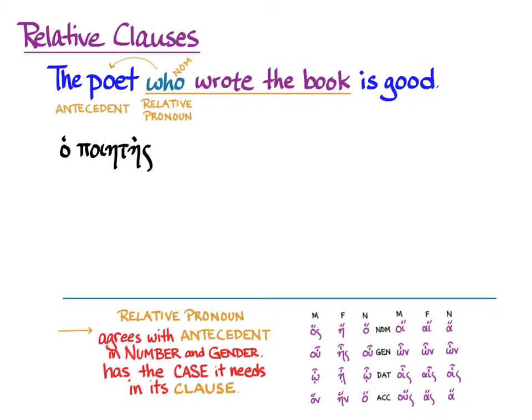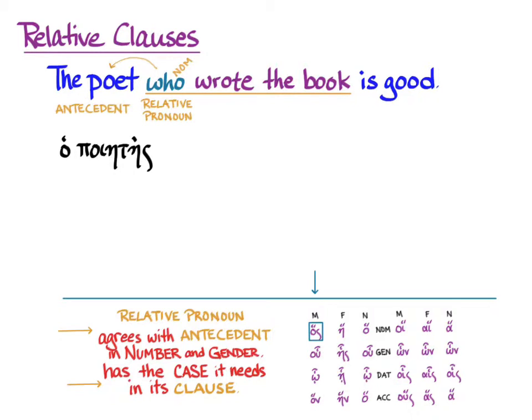So the antecedent is poet, and that is masculine and singular, so we're going to need to choose a masculine and singular relative pronoun. The second rule is that the case of the relative pronoun is whatever it needs to be for what it's doing in its own clause. Since who is the subject of wrote, we'll use the nominative masculine singular.